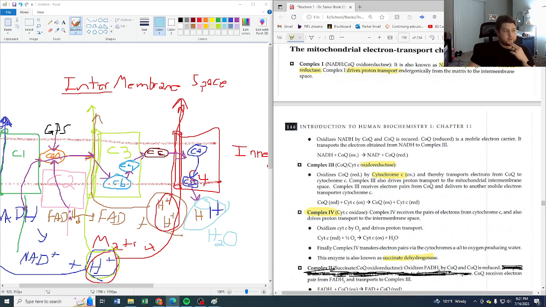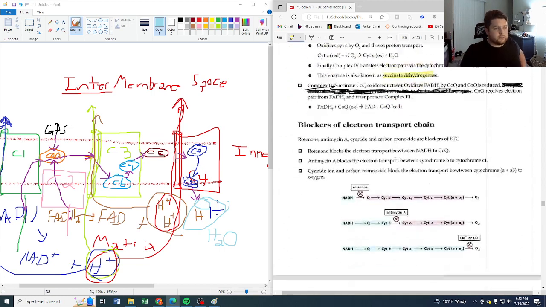Complex 3, this whole thing, is an enzyme whose function is to take electrons from the CoQ to then give the electrons to the cytochrome C. And that's exactly what its whole name is saying. So if you understand the process, you will much easier be able to understand the names, the fancy biochemistry names that you'll see on here.